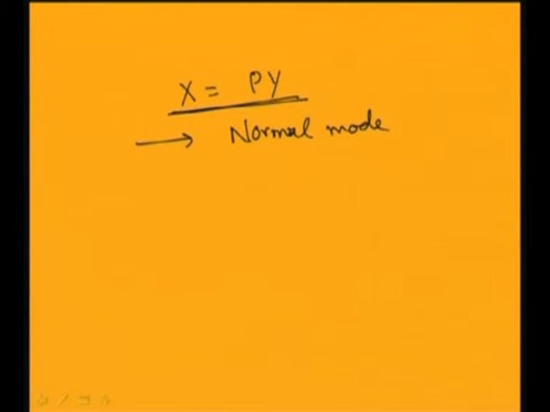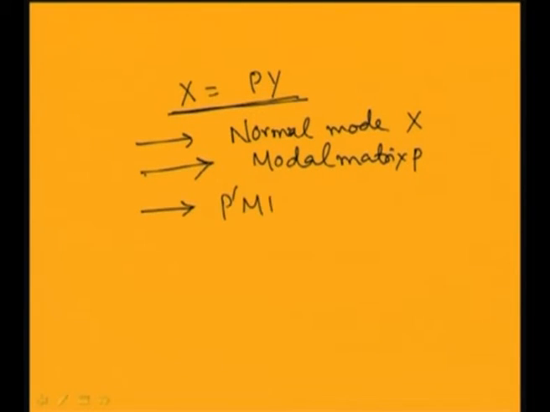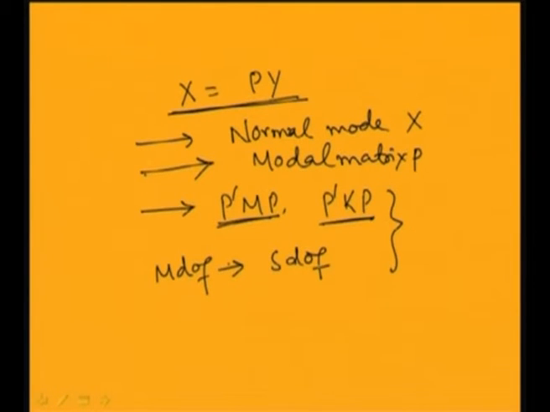After obtaining the normal modes, obtain the modal matrix P. Then find P transpose M P and P transpose K P. These are diagonal matrices, and using these diagonal matrices you can convert this multi degree of freedom system to a set of single degree of freedom systems.